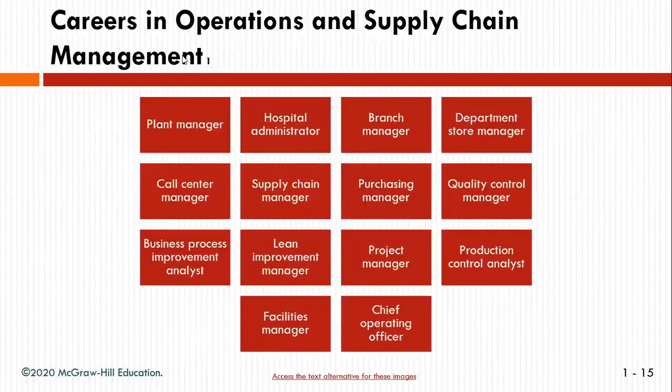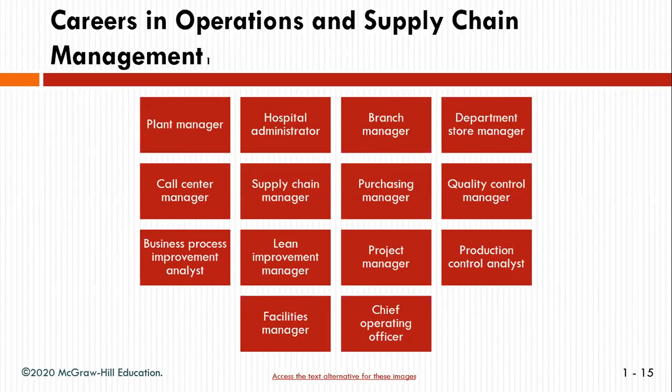Now, here are some jobs that you look at differently. Beside finance, marketing and sales, these are the jobs that belong to operations and supply chain management. One is the plant manager, who calculates the materials needed and runs the operation.